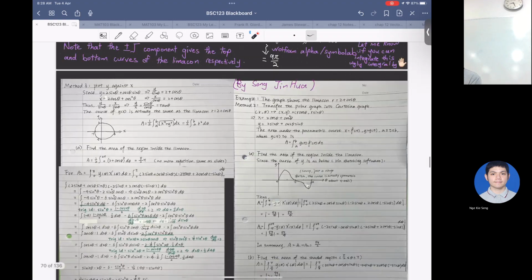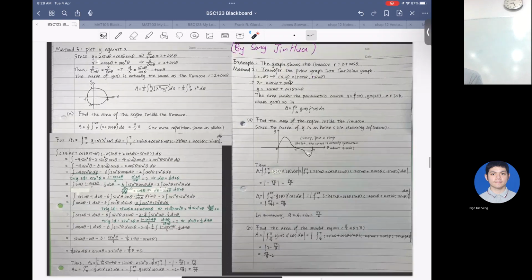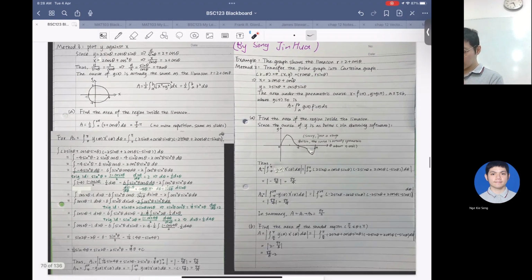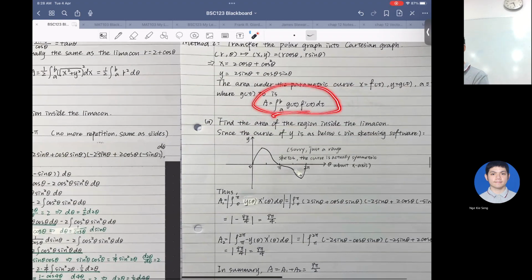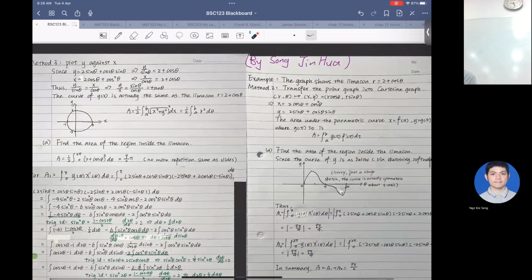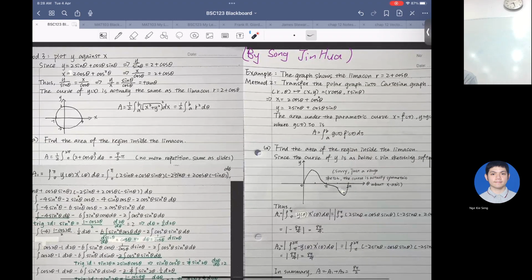They find what is x in terms of theta, y in terms of theta, and then use this to find this area here, using that formula. You remember the formula? Here's the formula, g(t) f prime(t) dt. Yeah, they use this.